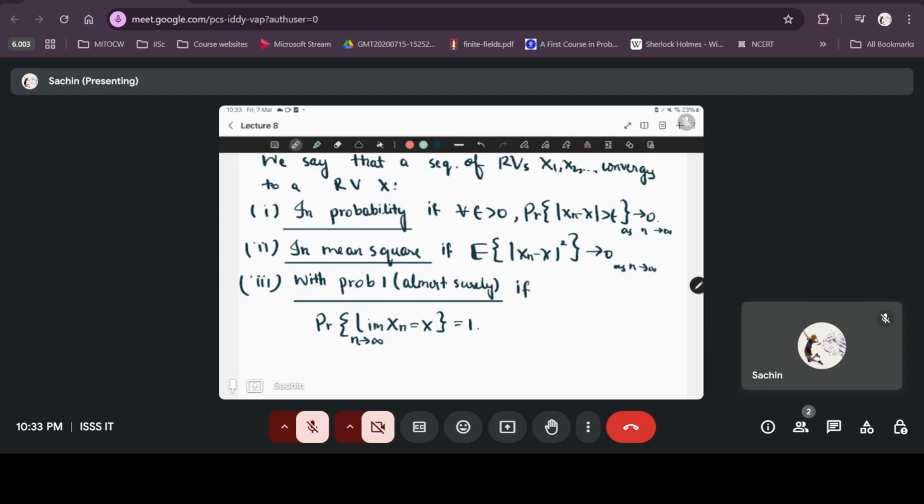What these definitions mean: in mean square error, it's easy to understand. The expected value of (xn minus x) whole square approaches 0. If it's a discrete random variable, then you weight (xn minus x) squared for each outcome with the probability of that outcome.